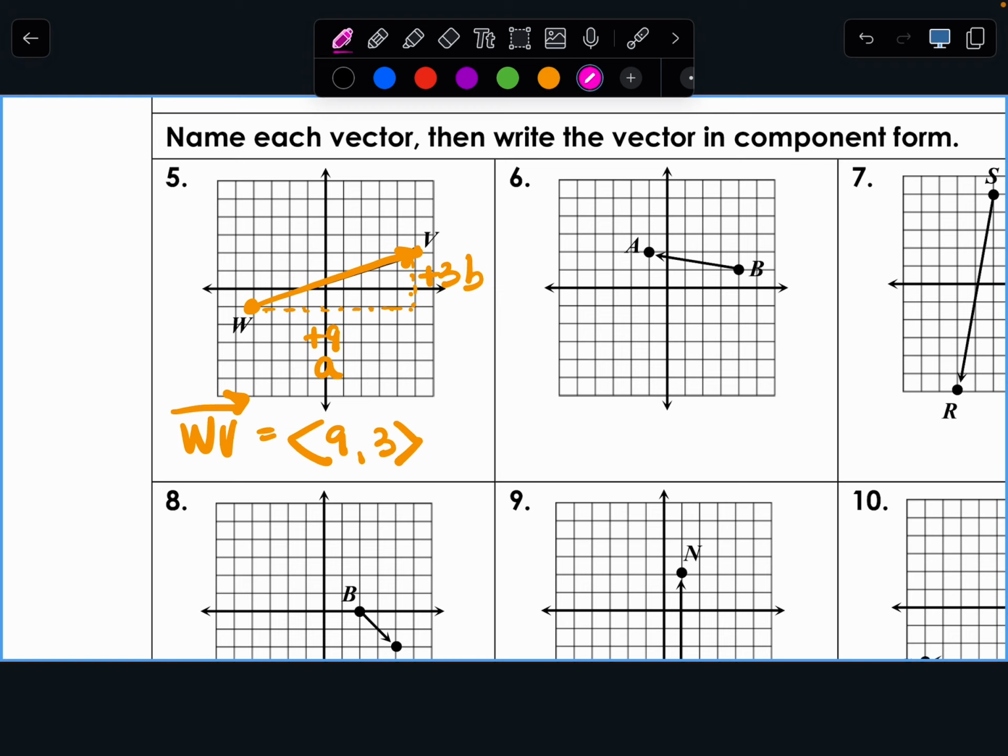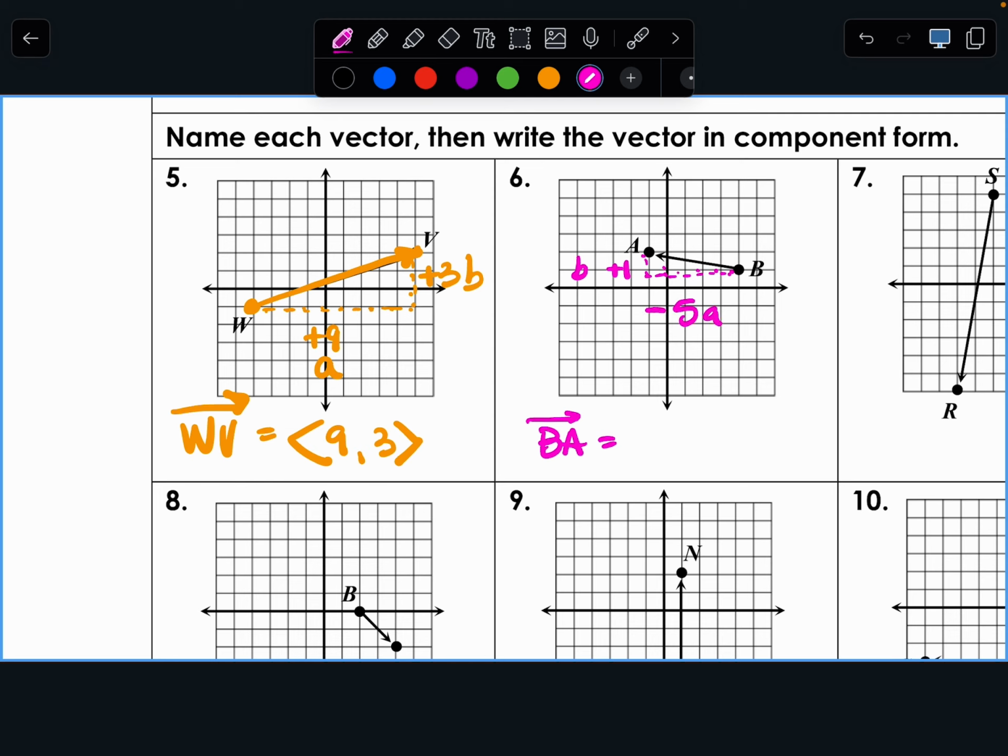So now we look at number 6. AB or BA? BA. Put a little sign above it, and we just figure out what kind of a triangle I have. So it's +1, that's my B, and then this is 1, 2, 3, 4, 5.